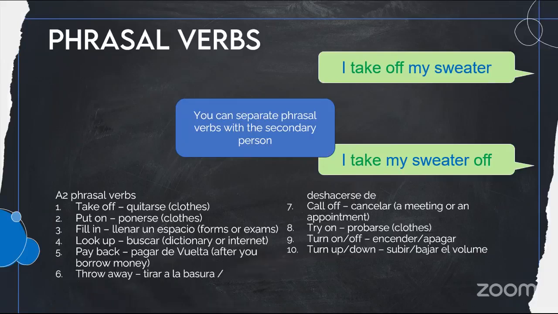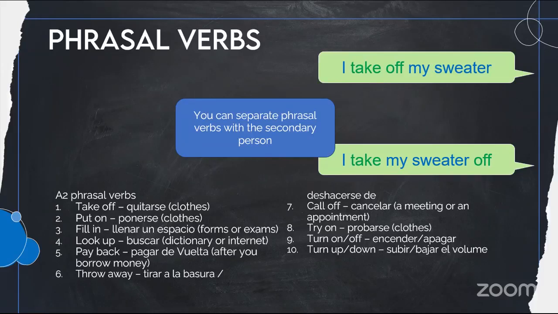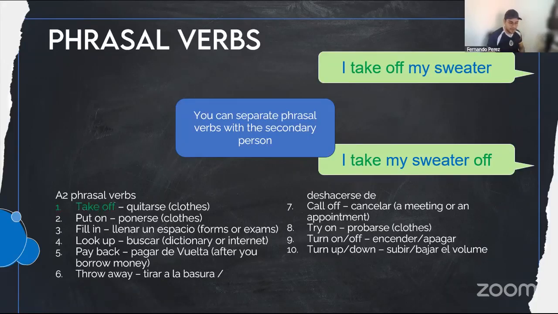Look like, maybe? No. Look like is not a composed verb because only look exists. Look like is only a connector. These are not phrasal verbs. They look similar, but no. These are not connectors. All color green.